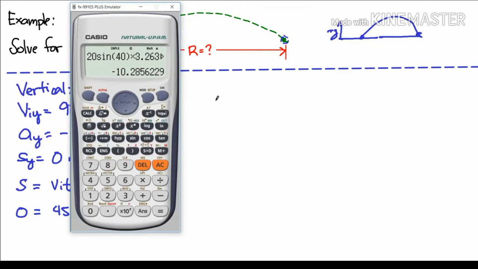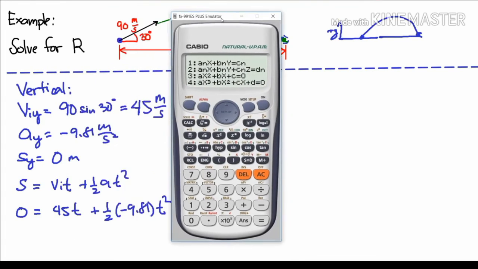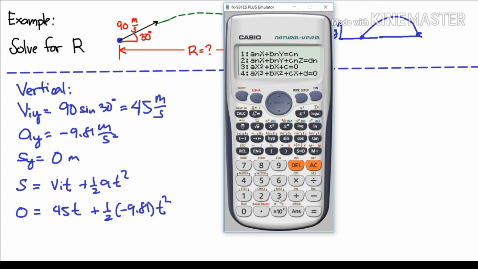This is a quadratic equation, so we can solve this using the quadratic equation solver in the calculator. Now, the coefficient of t squared is 1/2, so that's 0.5 times negative 9.8, and the coefficient of t is 45, and we have a 0 constant.